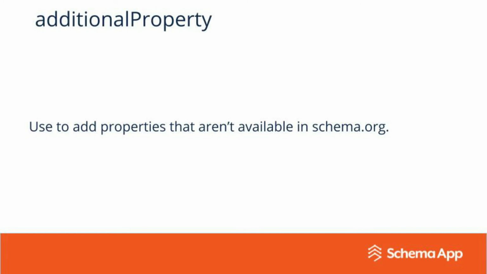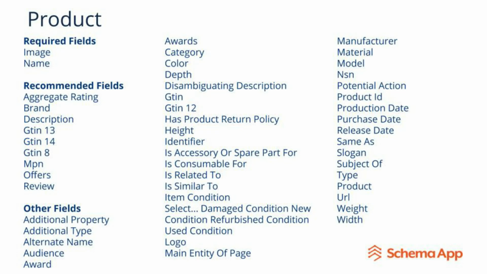Now earlier we talked about additional type, but there's also a property called additional property, and this allows you to mark up properties that aren't amongst the list of options provided by schema.org. For example, here's a list of properties associated with the schema.org type product. It's a pretty big list, but it may not have everything you require.